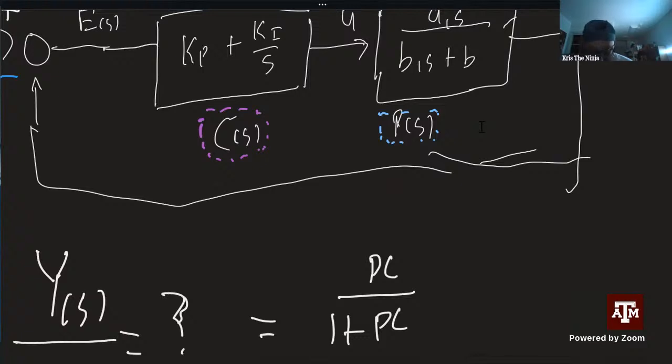A1 s over B1 s plus B, that's multiplied by KP plus KI over s.